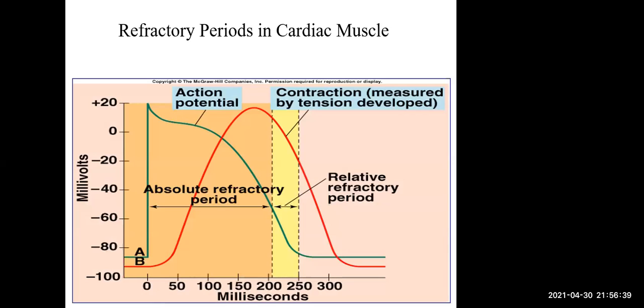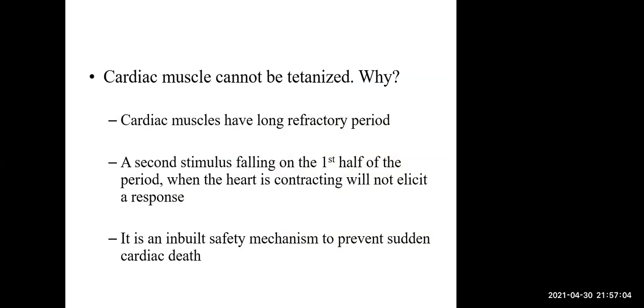So that is one of the advantages of this refractory period. The duration of the refractory period differs because the action potential of the cardiac muscle has a longer duration than the action potential of nerve tissue or skeletal muscles.